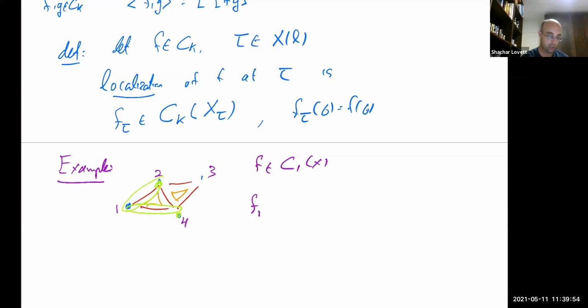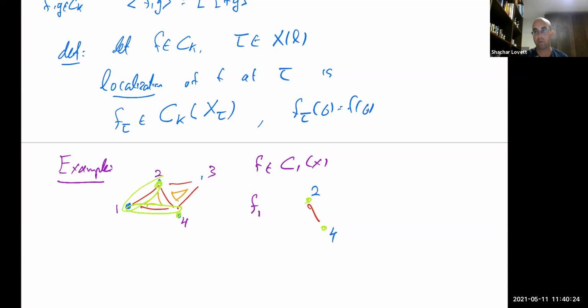So f1 is going to be basically saying, just look at these two nodes, and we're going to give them the weights. This triangle is going to become an edge here, and we give it the weights 2 and 4. So basically what we're doing here is we're looking at all the faces that are adjacent to the node that we cared about.